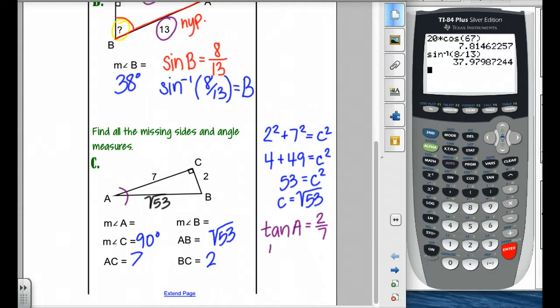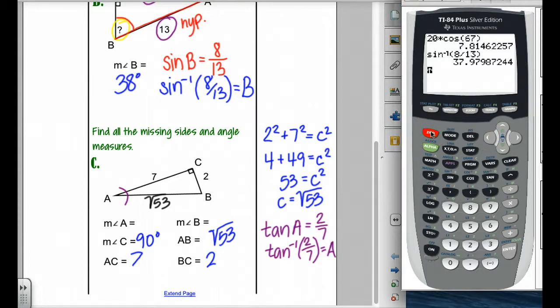That means that if I take the inverse tangent of 2 sevenths, I'm going to get the measure of angle A. On my calculator, inverse tangent of 2 over 7, and I get 15.94539, so I'm going to say 16 degrees.